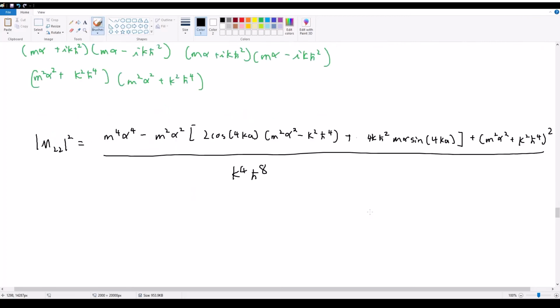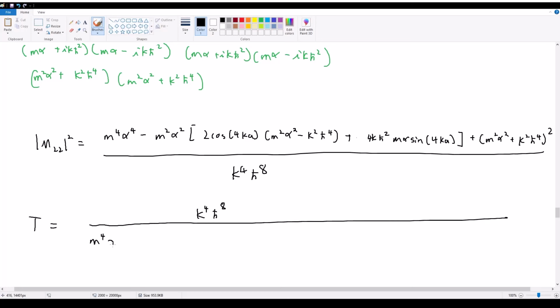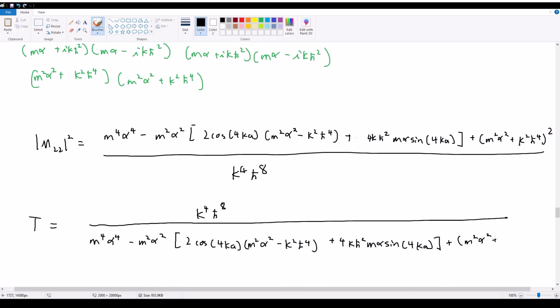And at this point, the actual transmission coefficient is then just the inverse of this. So k fourth h bar eighth, and then underneath is going to be everything that we just wrote: m fourth alpha fourth minus m squared alpha squared times 2 cosine 4ka m squared alpha squared minus k squared h bar fourth plus 4kh bar squared m alpha sine 4ka, plus m squared alpha squared plus k squared h bar fourth squared.